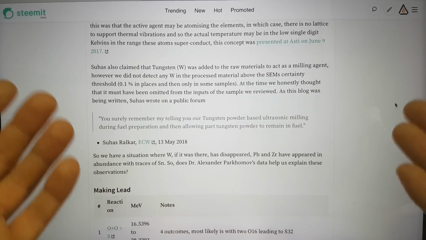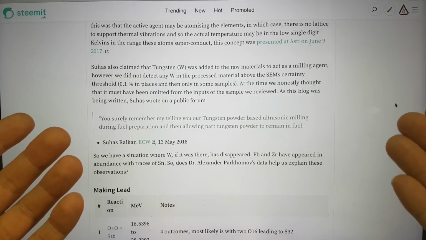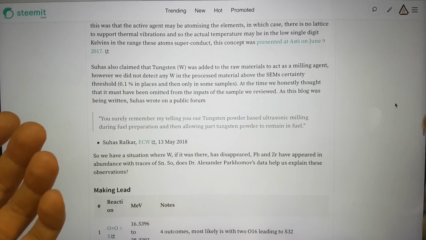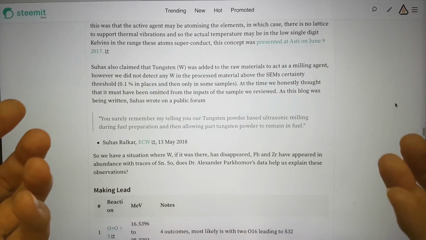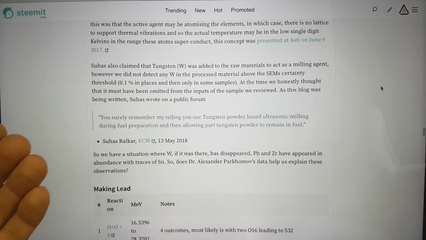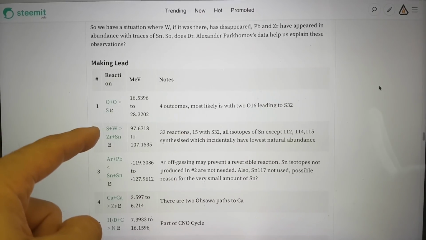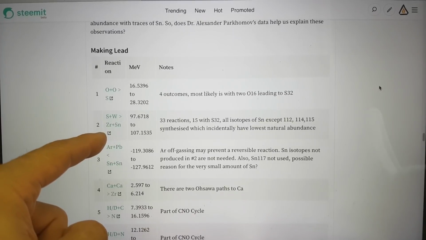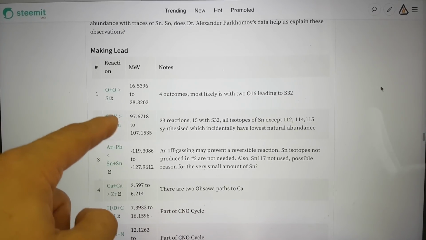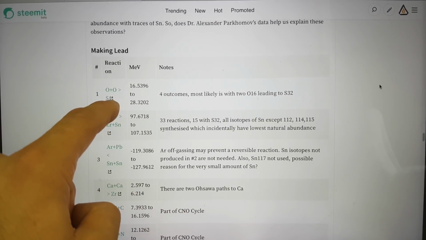So I'm asking the question, does the Alexander Parkhomov data, along with the atomic volume notion, help us to explain what is actually observed? So I've just put forward this proposal here where from the sort of George Ohsawa reactions, 2 oxygens go to sulfur.